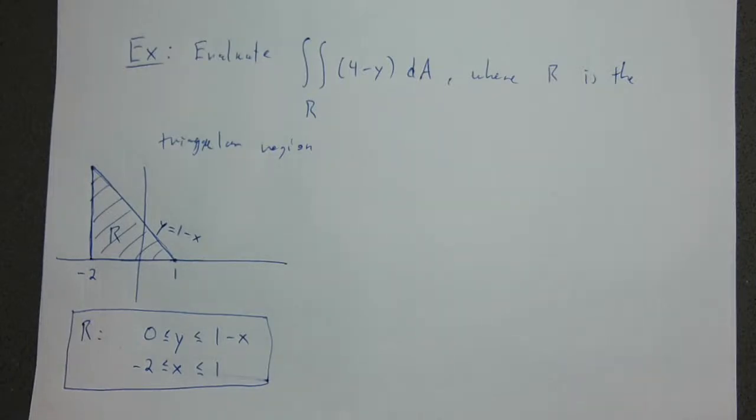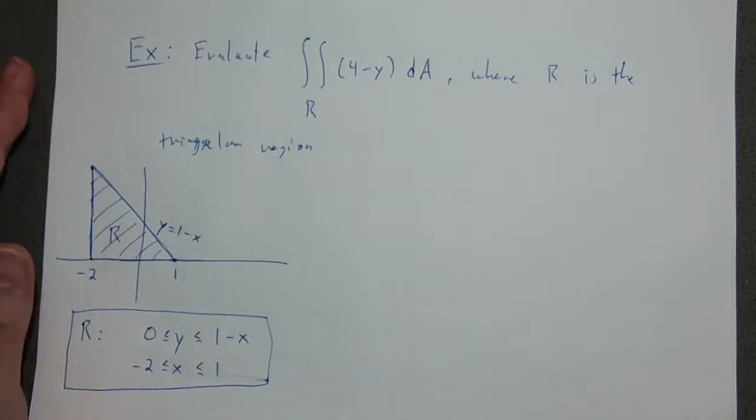Okay. So that's why this is also horizontally simple. We're going to do this as a vertically simple region first, and then I will go back and write this as a horizontally simple region.